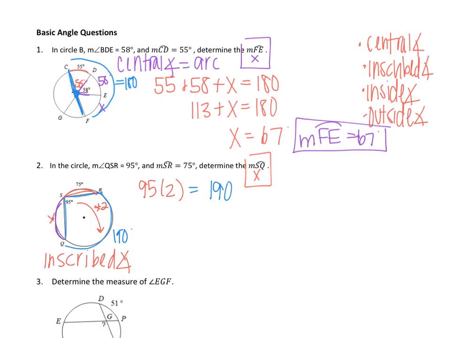Those arcs, the red, the blue, and the purple, all together sum to 360 because it's all the way around a circle. So now we have X plus 75 plus 190 equals 360.